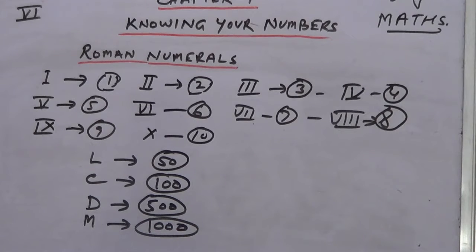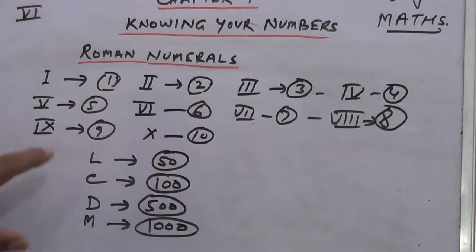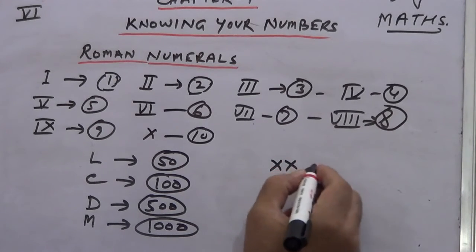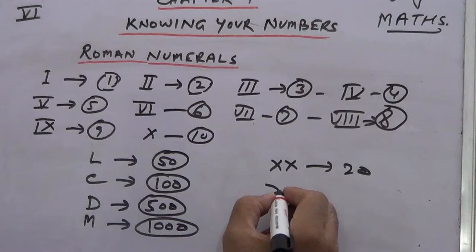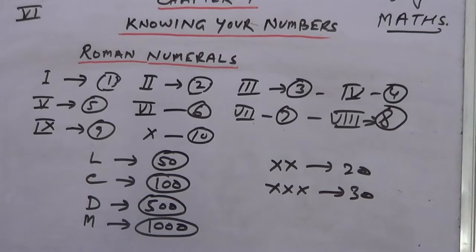So children, the Roman numerals are such type of numbers 1, 2, 3, 4, 5, 6, 7, 8, 9, 10 and after 10. Now how will you write 20, 30 and like this. Now to understand these numbers, we will see certain rules belonging to these numbers.